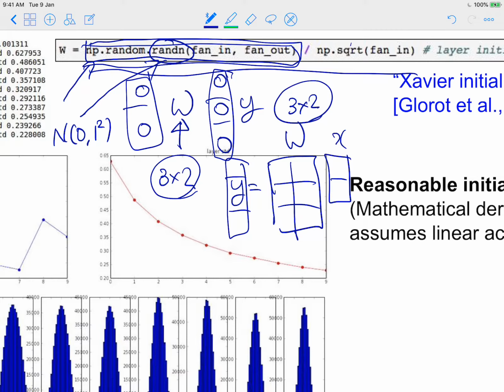And then this part is the important part. Here the fan-in is the number of input nodes, which is 2, okay? And then it is dividing the initialization samples obtained from this distribution by the square root of 2, right? Why do we divide it by this number?